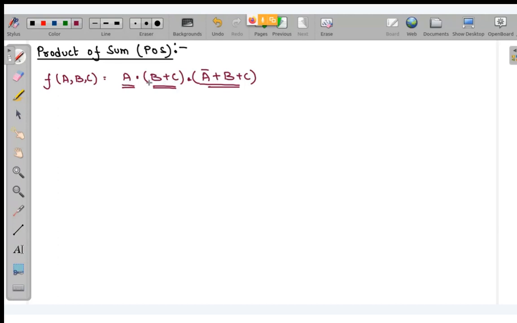So this is not standard POS. Now if I want to convert it into standard POS, what can I do? I can write it like this.